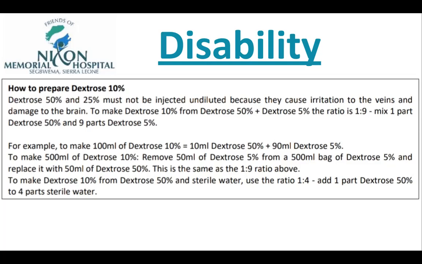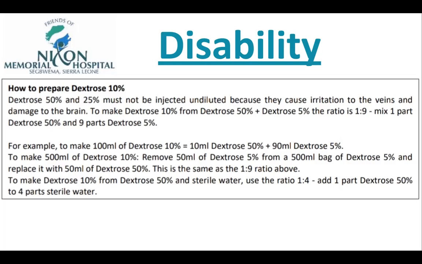So in order to make dextrose 10%, mix dextrose 50% and dextrose 5% with the ratio of 1:9, which means 1 ml of dextrose 50% to 9 ml of dextrose 5%. For example, let's say we want to make 100 ml of dextrose 10%. How do we make it? We use 10 ml of dextrose 50%, added into 90 ml of dextrose 5%.